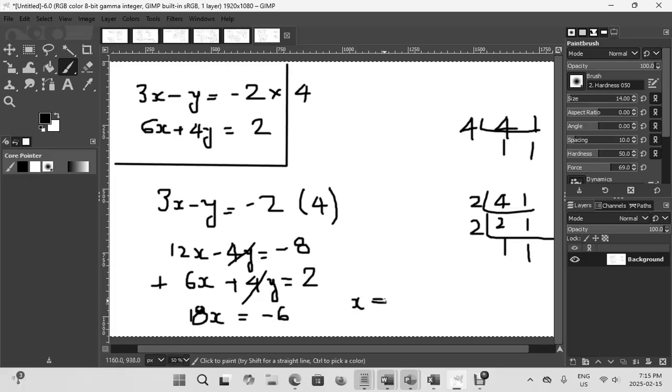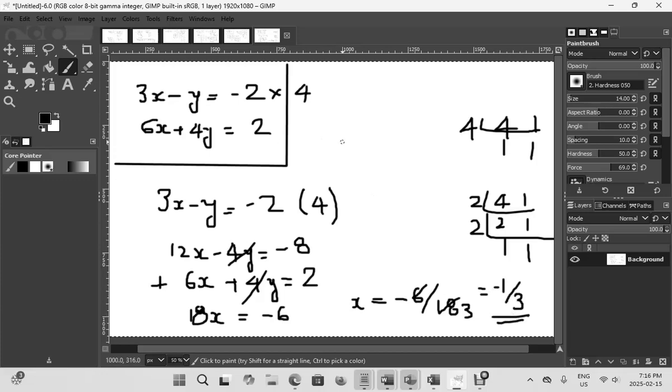So x will be -6 divided by 18, which means your x will be negative 1/3.